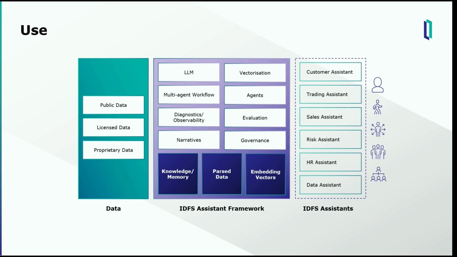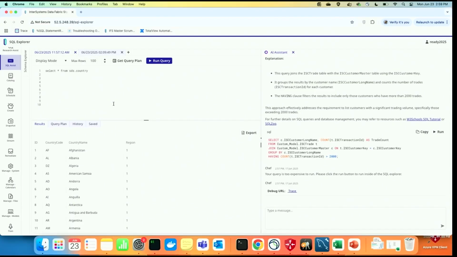So what our assistant framework does is it creates textual vectors from that data that you've loaded into the tables in IRIS. So then you can communicate with our assistants with prompts conversationally, and it will generate concise answers for you. So I'll just walk over to IDFS to show you this in action.